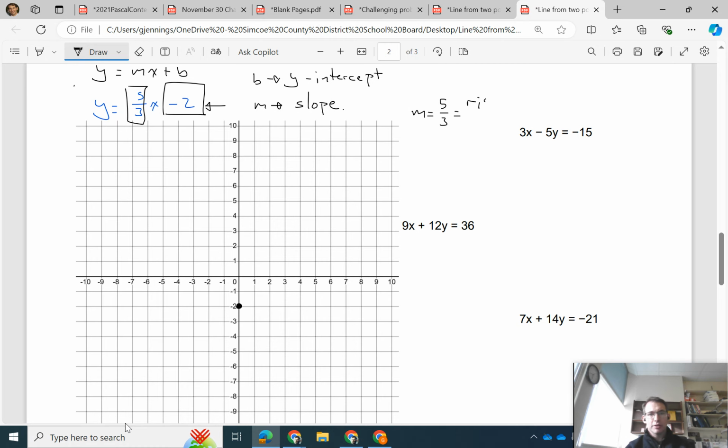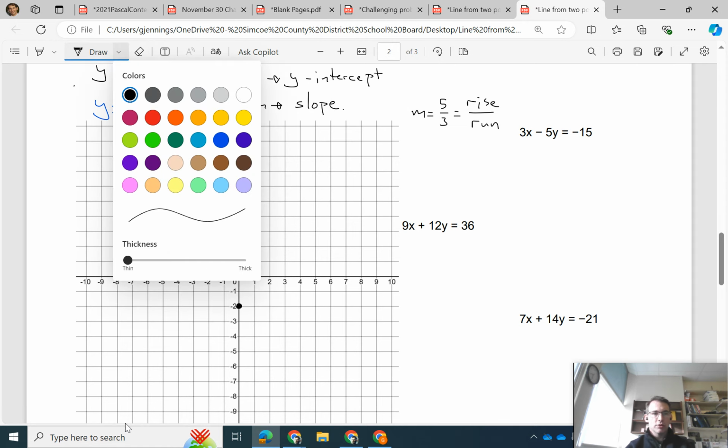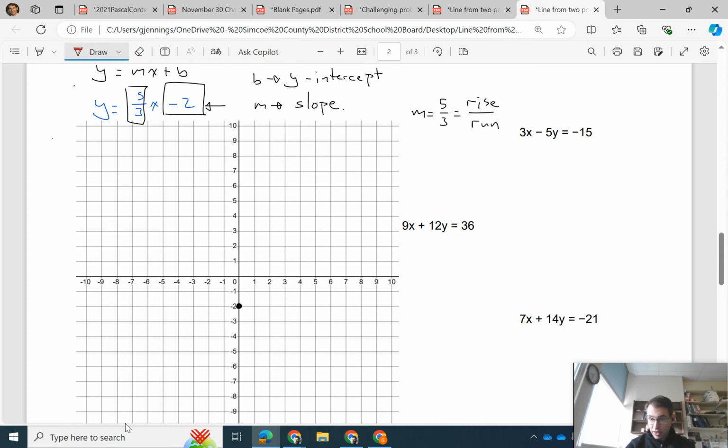Remember that's rise or change in y divided by run. You don't have to have these marks on here, but you can use them. I'm going to go over 1, 2, 3, 4, 5, no, gosh. Okay, so my rise is 5 and my run is 3.